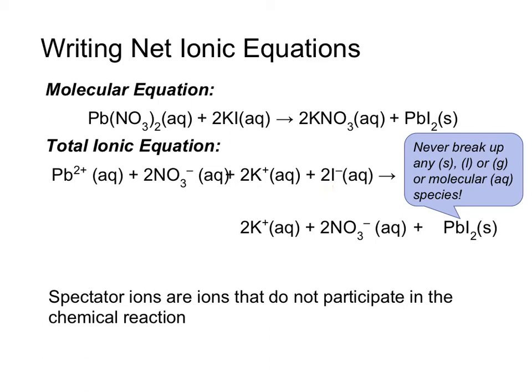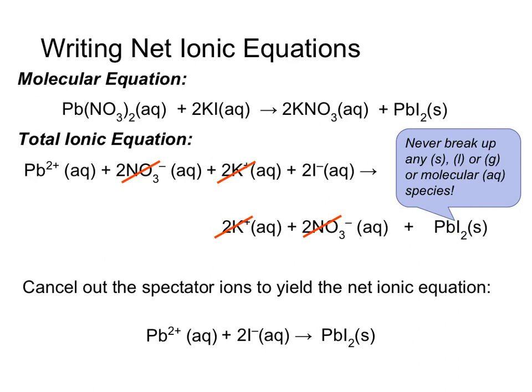We can see that everything else, our nitrate and our potassium, that were aqueous on our reactant side, are still aqueous in their same exact form on the product side. That means that they were spectator ions that did not change, and they did not participate in the chemical reaction.